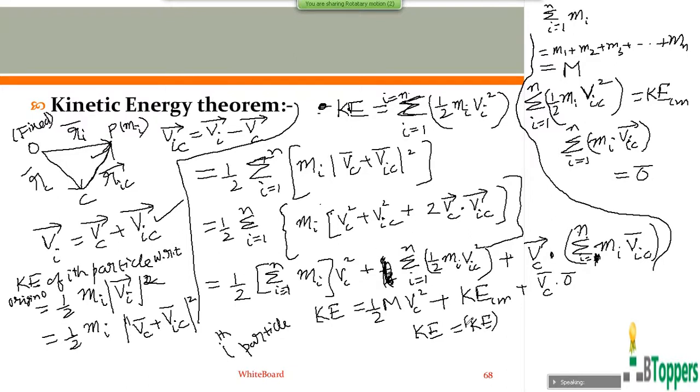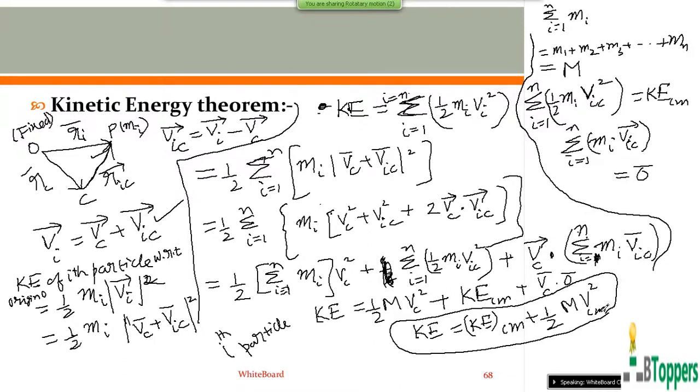Therefore, the kinetic energy of the system of the n particles with respect to the origin of the inertial frame of reference is equal to the sum of the kinetic energies of all the particles of the system with respect to the center of mass of the system as the origin, plus half M VCM square. M is the total mass of the system and VCM is the magnitude of the translational velocity of the center of mass of the system.